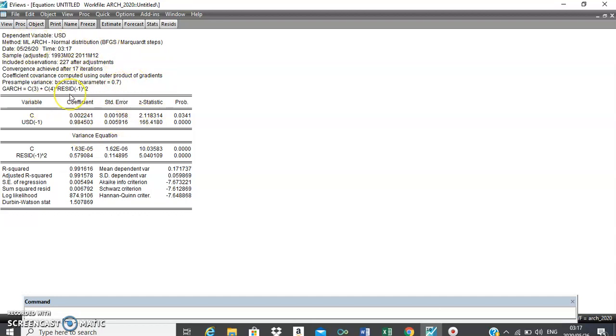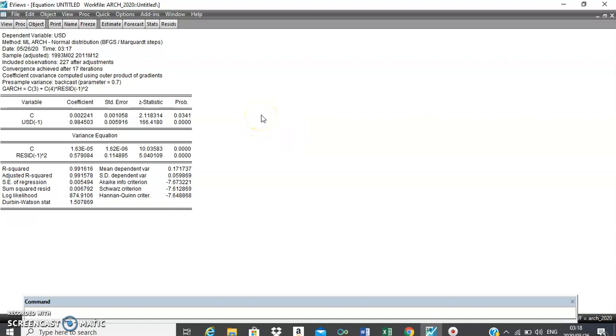You can see from this equation that we have the upper part, the mean equation, and then the lower part, the variance equation. What we are interested in here is this coefficient. Remember the equations that I showed in the lecture. I showed you two equations.